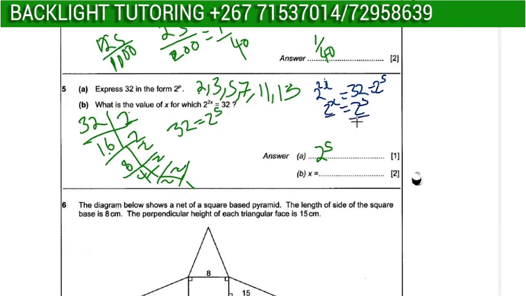You divide by 2, and then you see that 2x equals 5. Divide by 2 both sides. x equals 5/2, which is 2.5. x is 2.5.